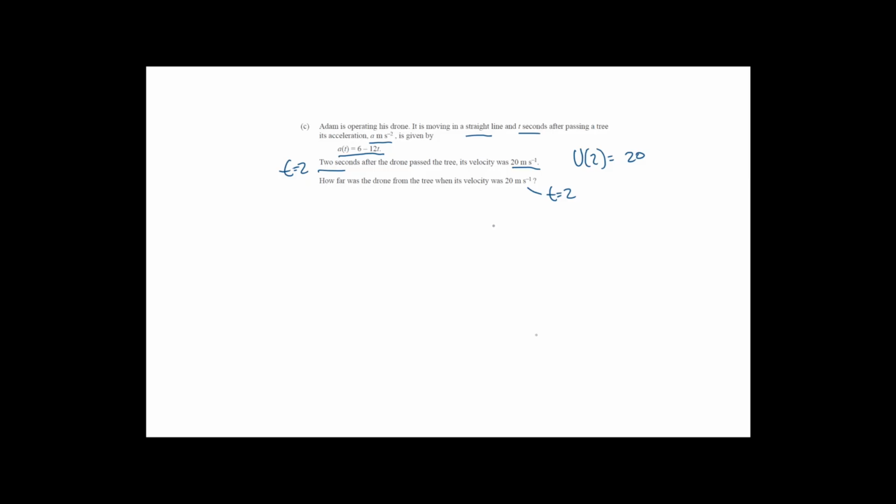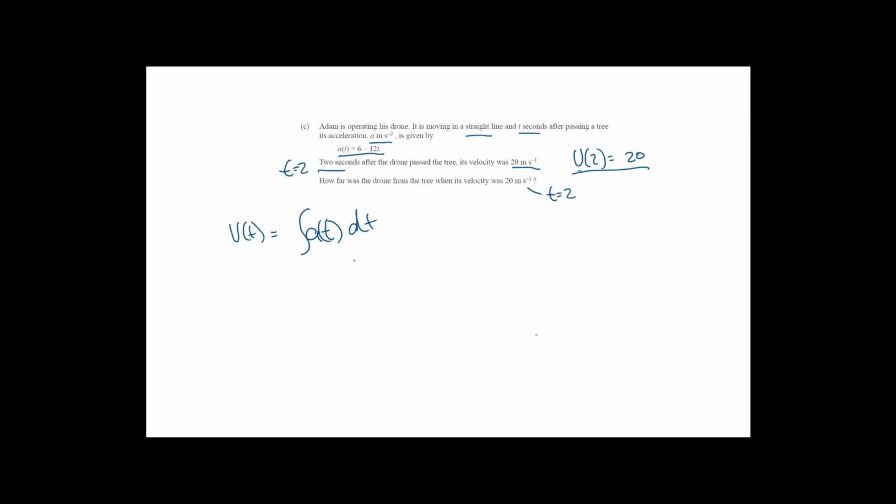So they give us the acceleration, and we don't know what the initial velocity was, but we can probably work it out. Okay, so if they give us the acceleration, the velocity at time t is this integrated with respect to time.